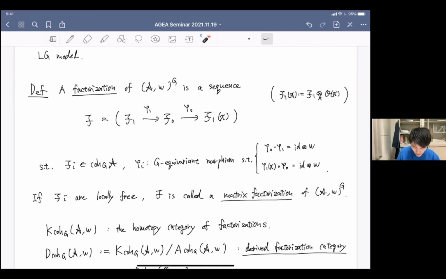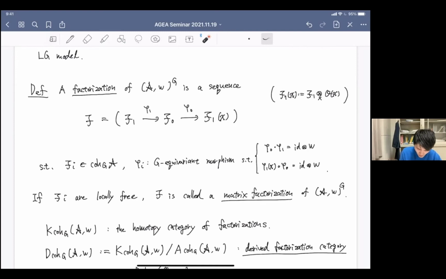And for twisted complexes, we can consider the morphism of factorizations similarly to the usual complexes. And also we have the notion of homotopy equivalence of morphisms of factorizations, which is similarly defined to the usual homotopy equivalence of morphisms of complexes.